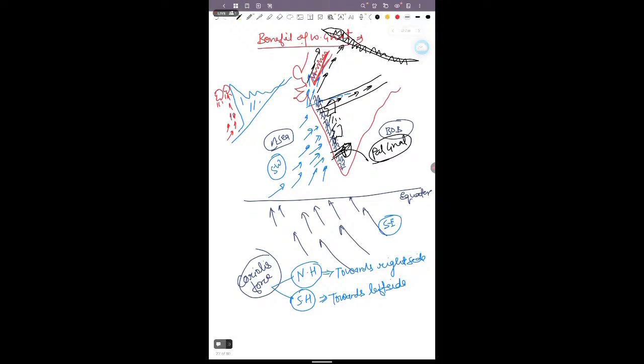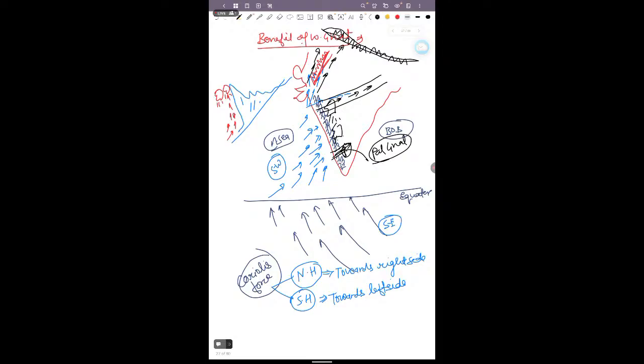So we have seen the usefulness of the Western Ghat. What does the Western Ghat do? The monsoon winds, the southeast trade winds, move towards the south, and when they reach the equator, due to the Coriolis force these winds are deflected to the right in the northern hemisphere.